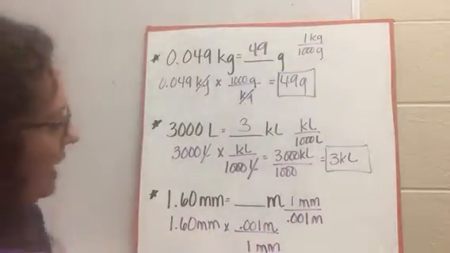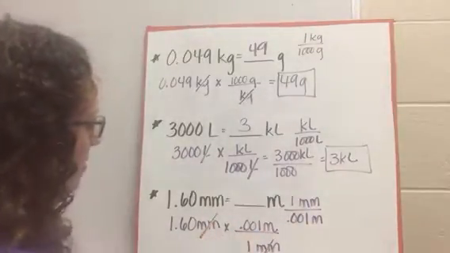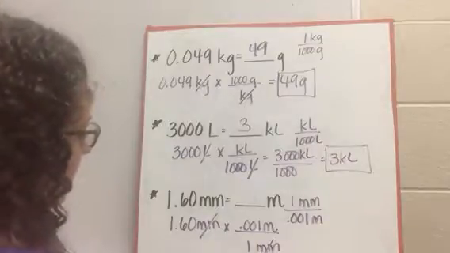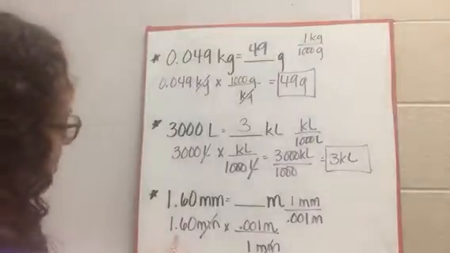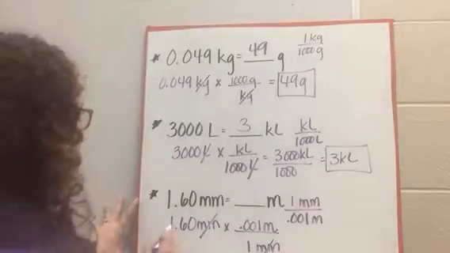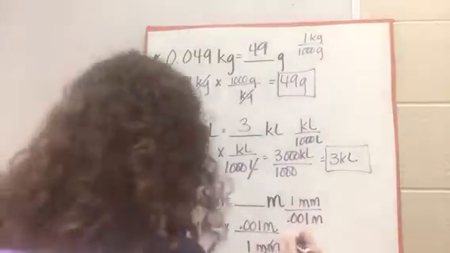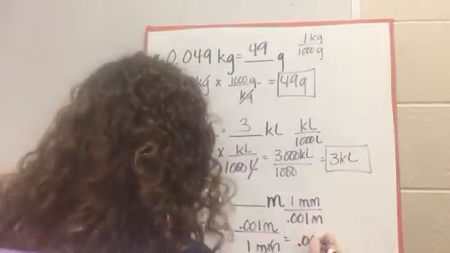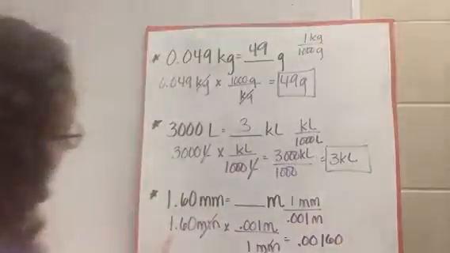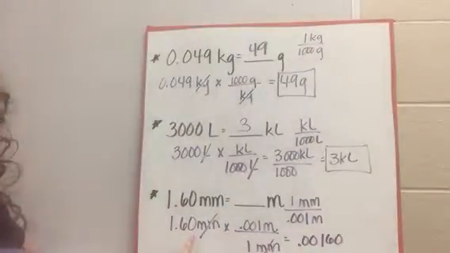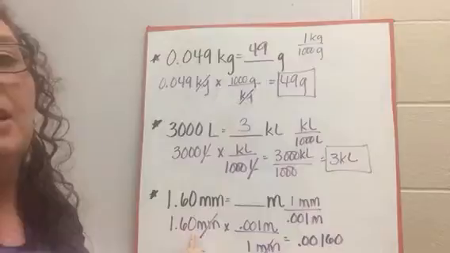Again, I need it to cancel out my millimeters. And so this time when you multiply it, your decimal is going to move to the left, or again, you can just use your calculator. So that would be 3 places. So that should be 0.0016. We're going to keep the 0 because this would be significant.